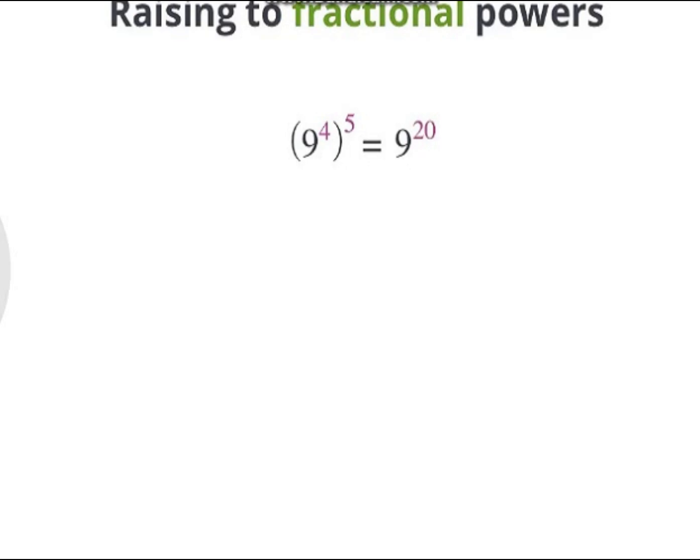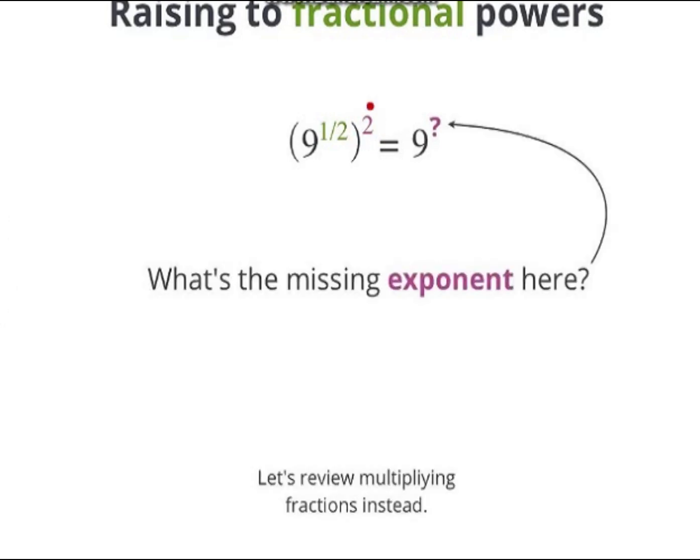Great, so let's return to 9 raised to the 1/2 power. To figure out what this equals, let's square it, meaning we're raising it to the 2nd power. This equals 9 raised to another power. Multiply these powers here. If we do that, we'll get 2 times a half, and 2 times a half is 1, so the missing exponent is 1.